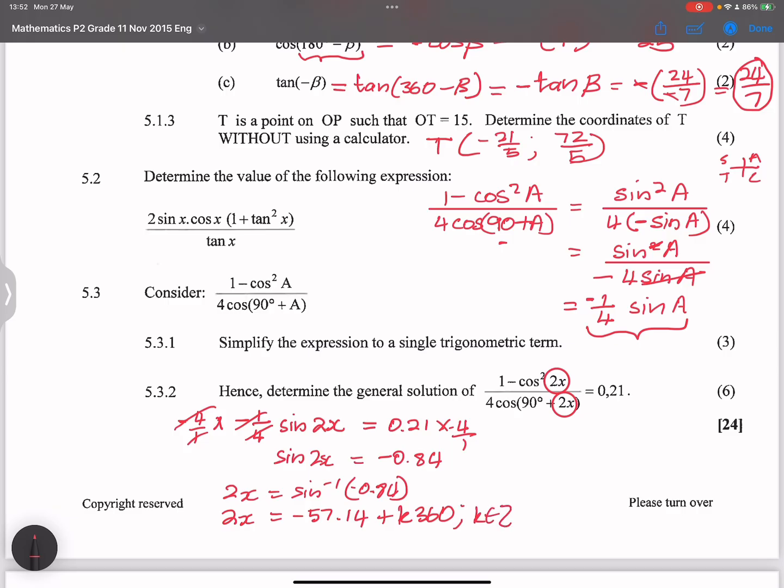But remember, the other solution will be 2x is equal to 180 minus a negative 57.14, plus K 360. All right, and so we divide everything by 2.